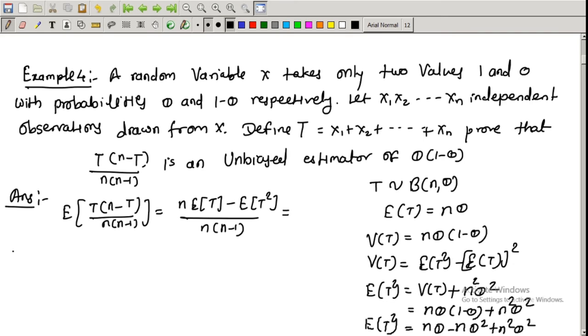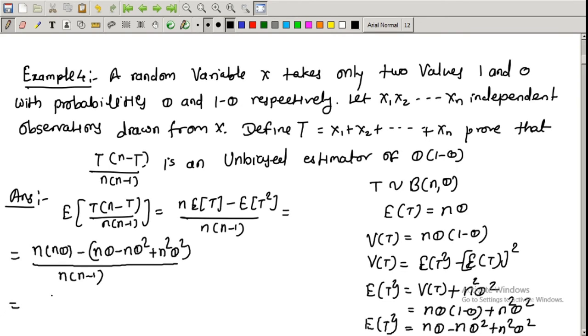So by putting these two values here, you'll get n into what is the expected value of t, that is n theta, minus what is the expected value of t square, n theta minus n theta square plus n square theta square, and whole term divided by n into n minus 1.